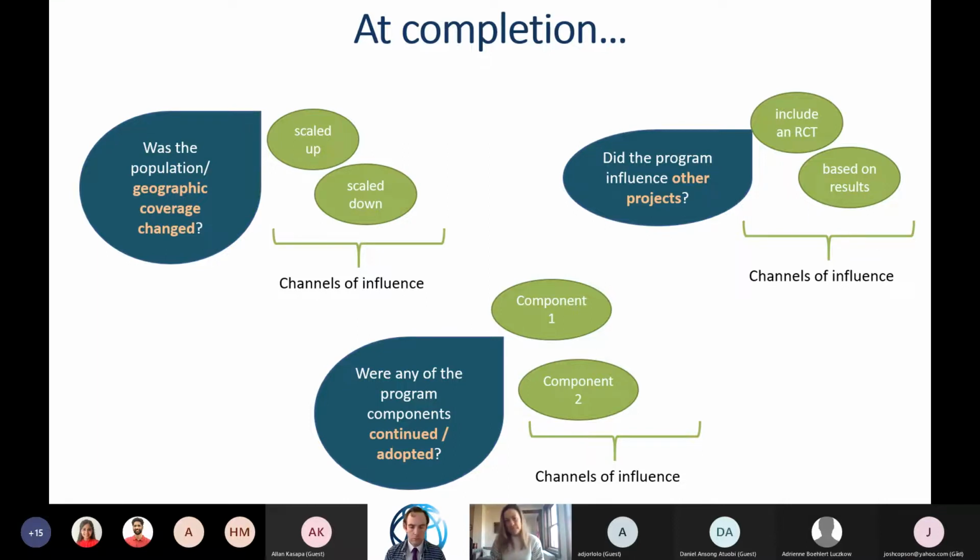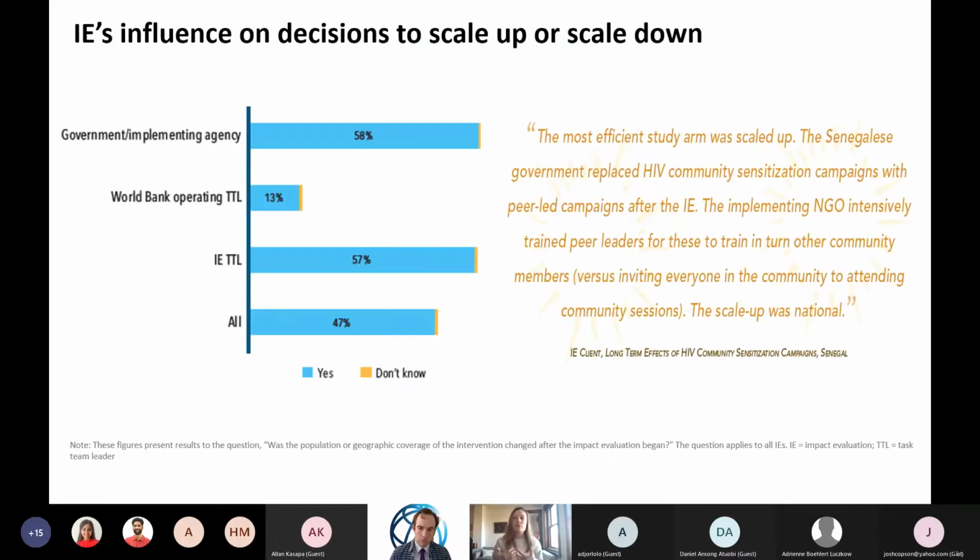And so, for example, if we look at the decision to scale up or scale down, we can see that governments tend to know this much better than people on the World Bank side, which is normal because it's your own country. People say that usually we do use these results to make these type of decisions.